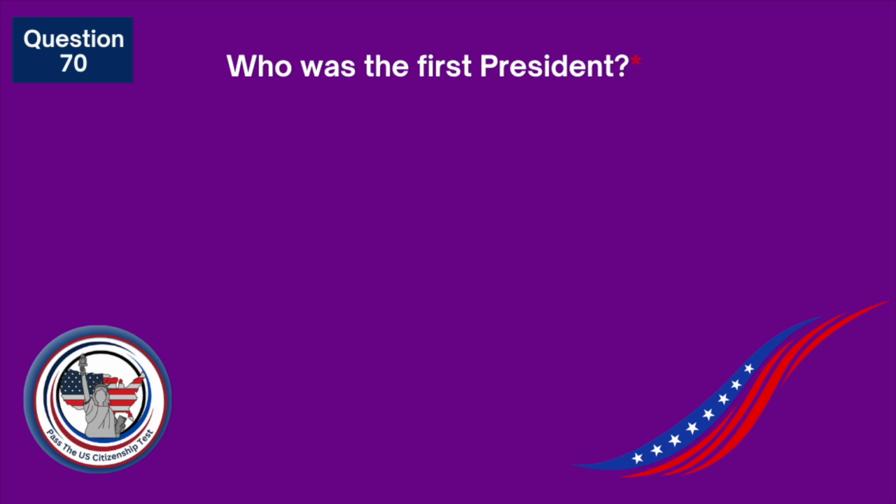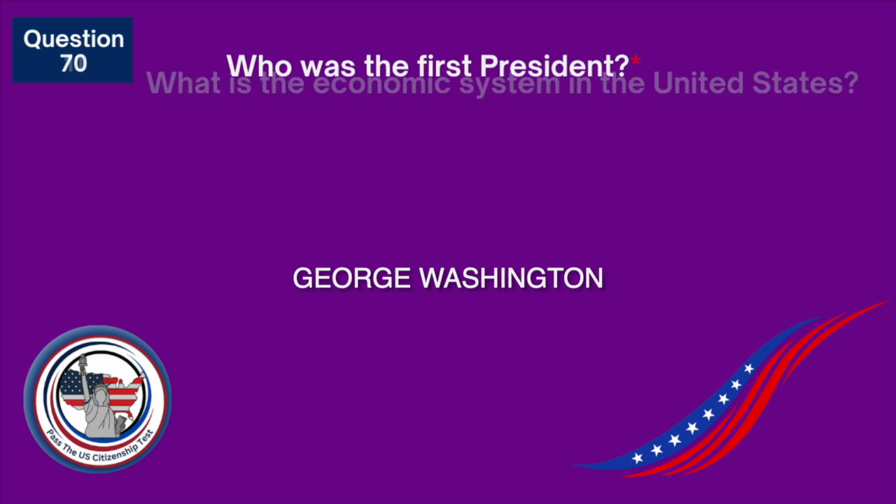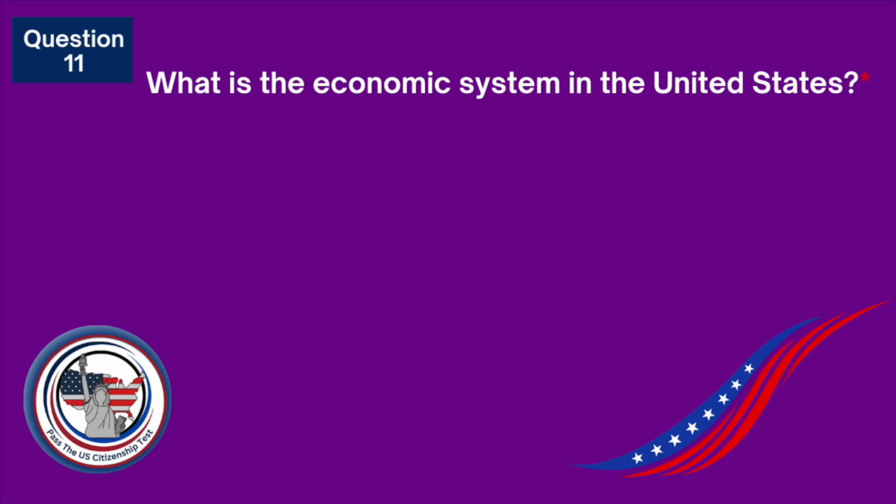Who was the first president? George Washington. What is the economic system in the United States? Capitalist economy.